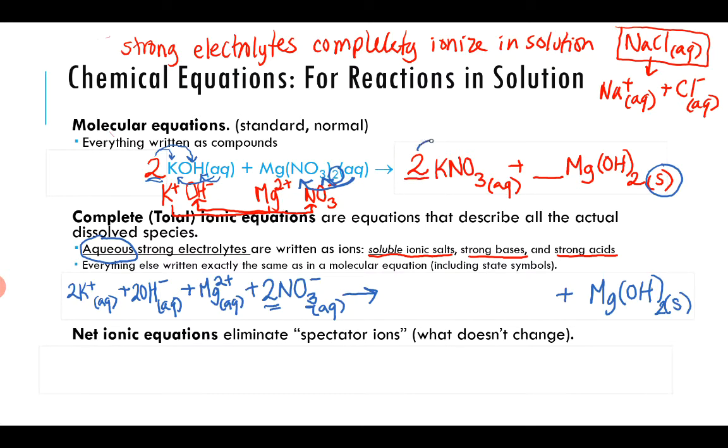Now we'll move on and do this compound. This is also aqueous, and it's an ionic compound. All of these are ionic. We know they're ionic because there's a metal with a polyatomic ion in all 3 of those compounds. So that 2 distributes out, and the aqueous also distributes.